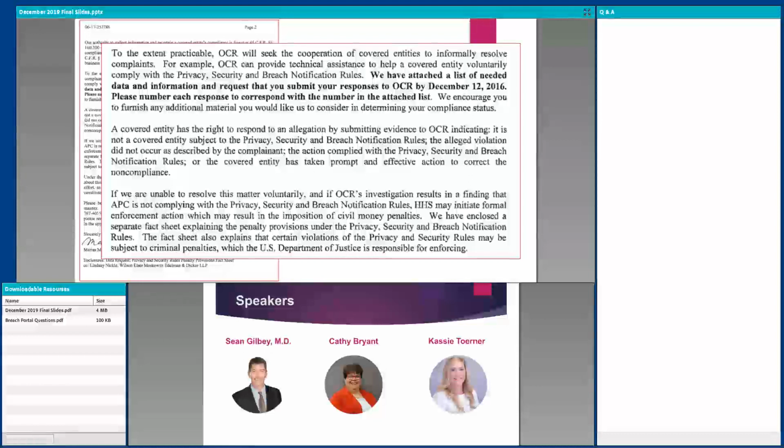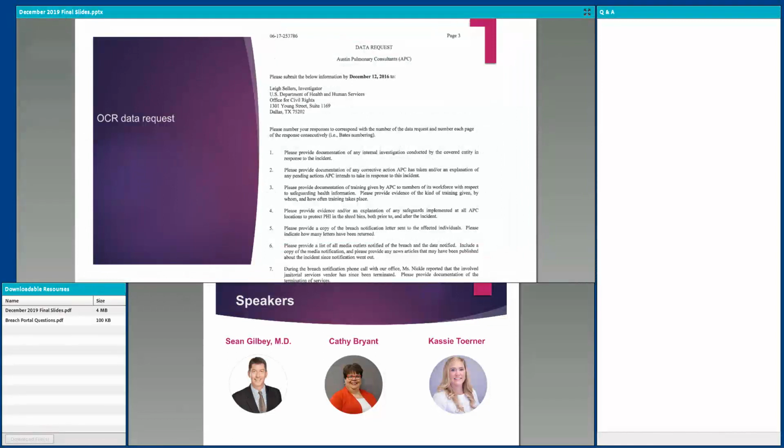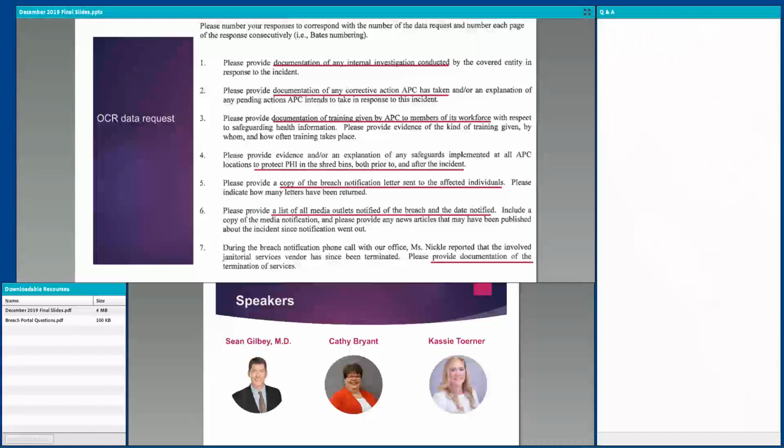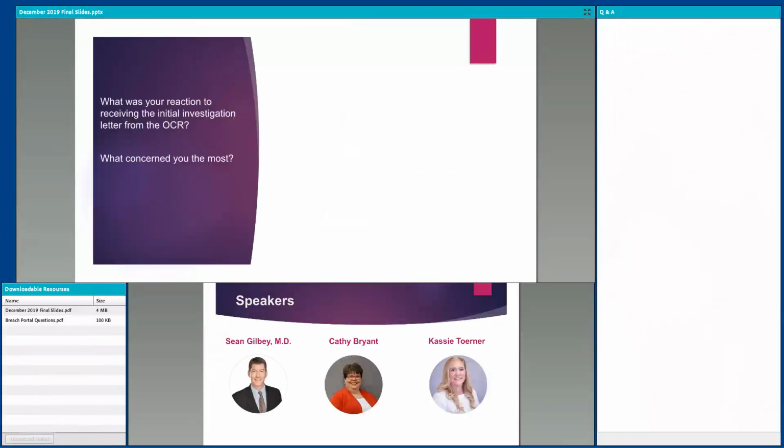And some of the things that Dr. Gilby was asked for, which he's already alluded to, were also included in a data request from the OCR. They were looking for his internal investigation, his corrective action plan, training to staff, as he mentioned, safeguards that were implemented as a result of the incident, his media notification, I'm getting a little ahead, and then terminations of services with the vendor that was throwing out the trash.